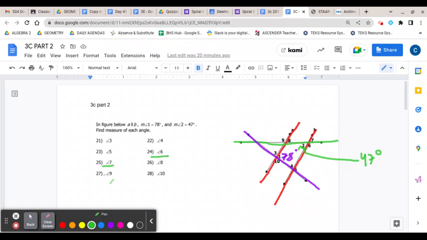So 6, 7, 8, and 9 are along the green transversal. And then 3, 4, 5, 10 are going to be along the purple transversal with the 78. Okay, so these are all sort of in one family with the 78. These are all in one family with the 47.